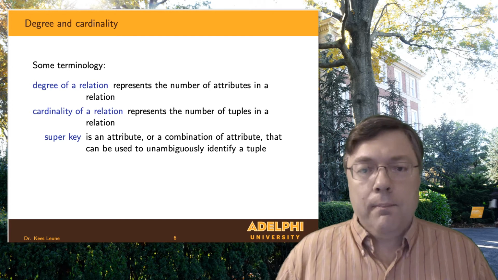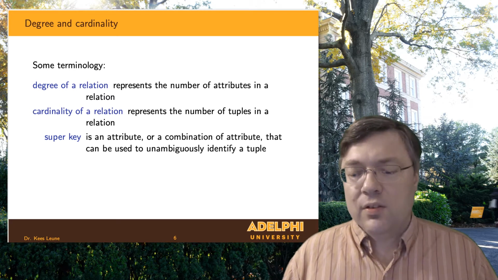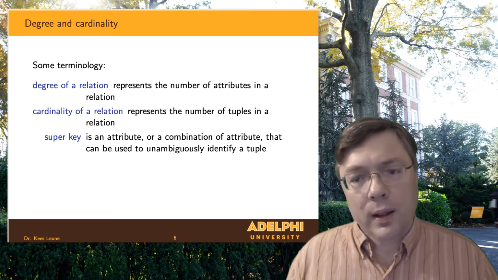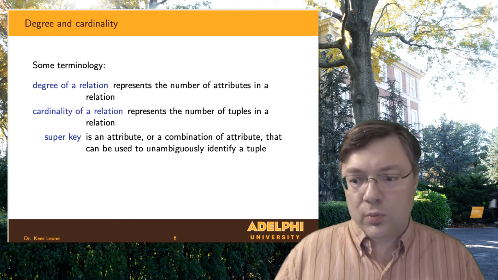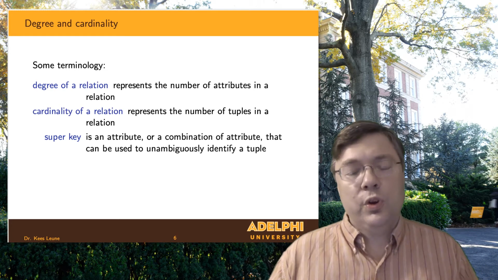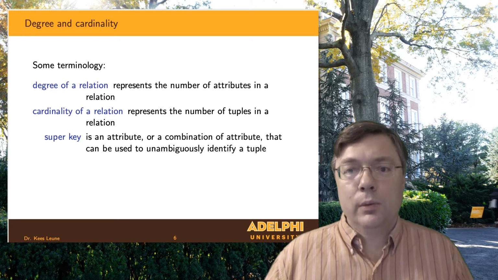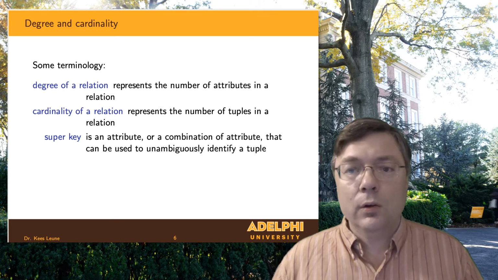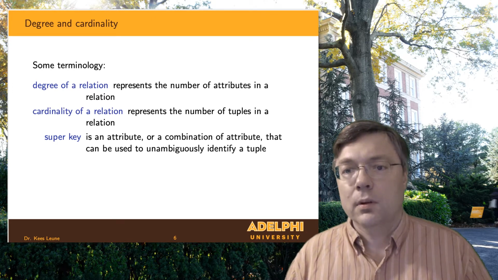The superkey, and that's an important concept, is an attribute or a combination of attributes, it doesn't have to be just one, that can be used to uniquely and unambiguously identify a single tuple in the database.